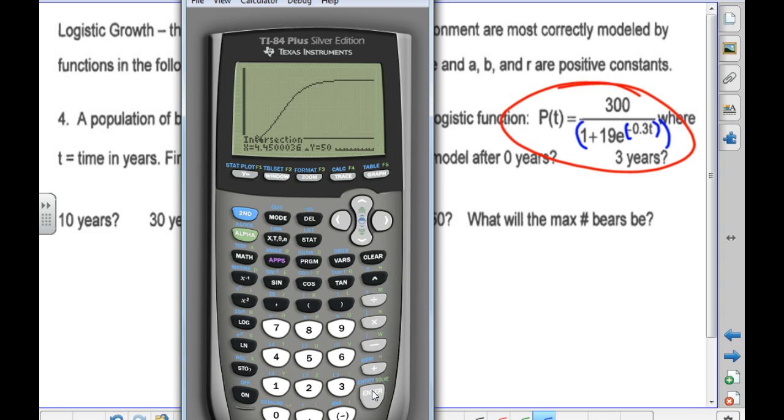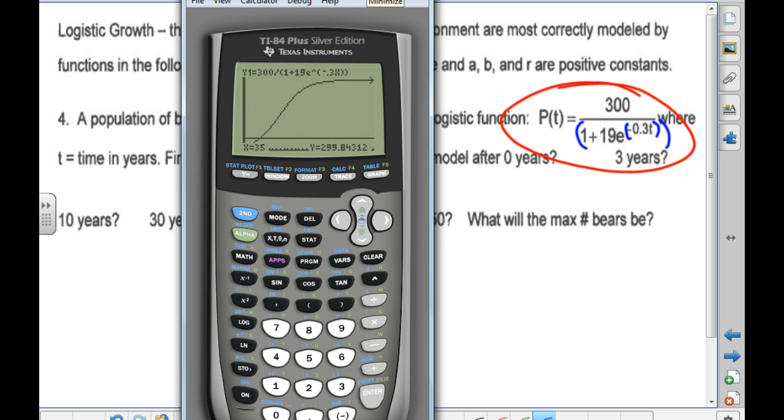Did anybody else get 4.5 years? And the maximum number, if I trace over, I went as far as 35. Oh, I'm on the wrong line. Okay, here we go. And I'm at 299.8, so I'm thinking it's going to hit 300 bears, right? Any questions about that problem?